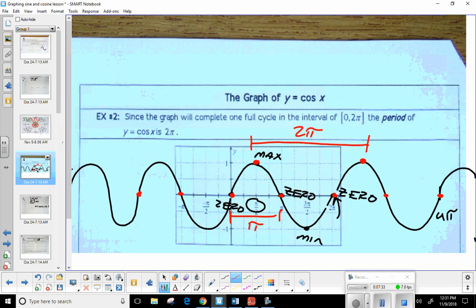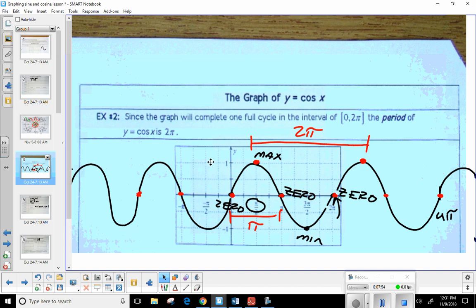Okay, so do the same thing that we did just a moment ago for the x-intercepts. If I'm starting here at pi over 2, it's going to take 2 pi radians to get to the next maximum. Well, how many more to get to the next one? Another 2 pi, well, that's 4 total, right?